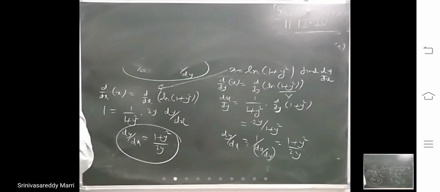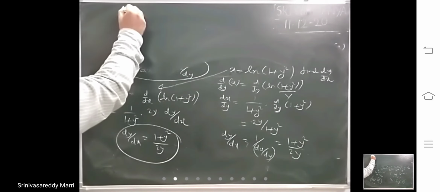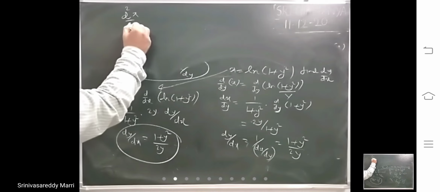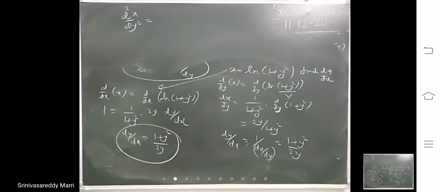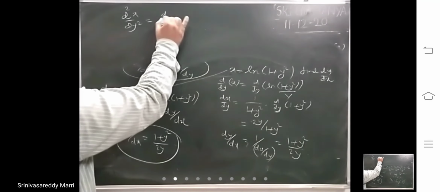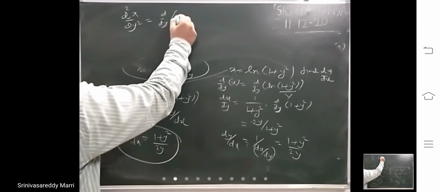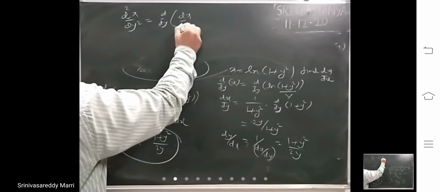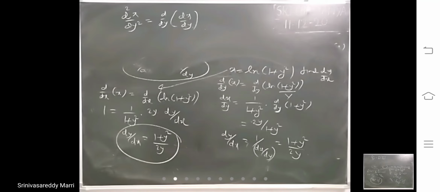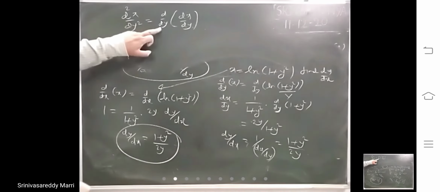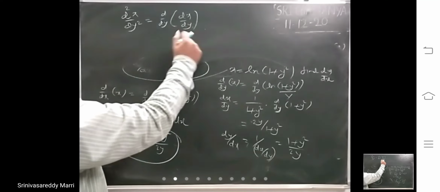Suppose look at it. d square x by dy square is nothing but d by dy of dx by dy.